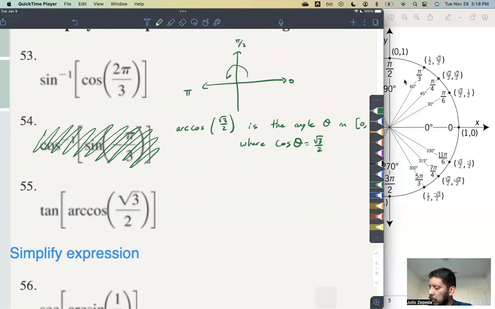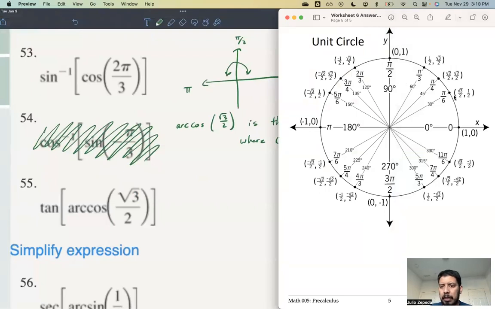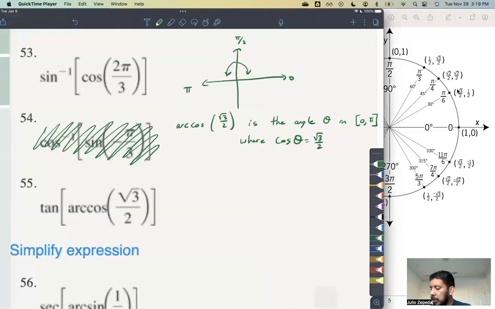So we're looking in these two quadrants for an angle whose cosine is square root 3 over 2. We can go to our unit circle. We're looking at the arc cosine, so that's the x coordinate. The square root 3 over 2 occurs right here at pi over 6. So that means that the arc cosine of square root 3 over 2 is equal to pi over 6.